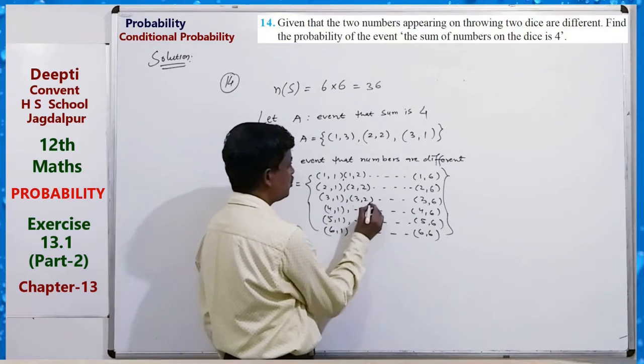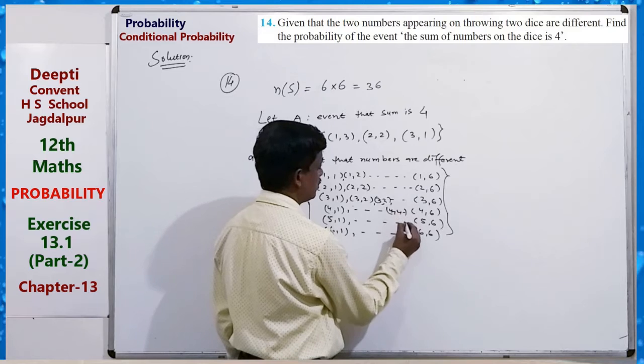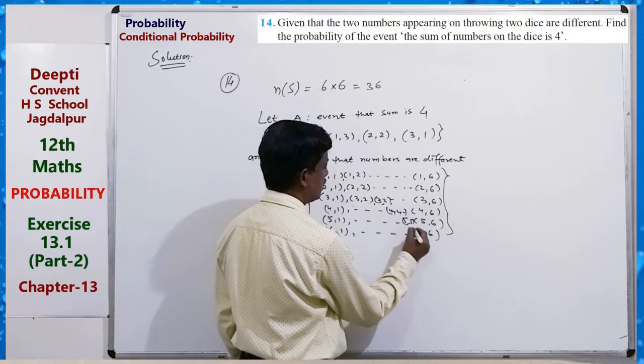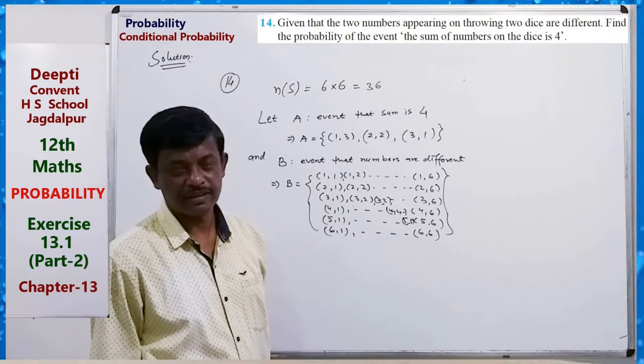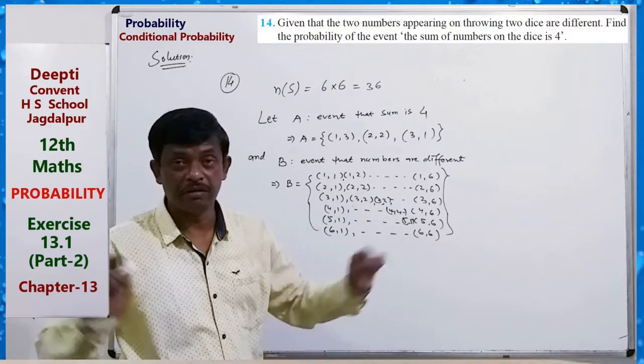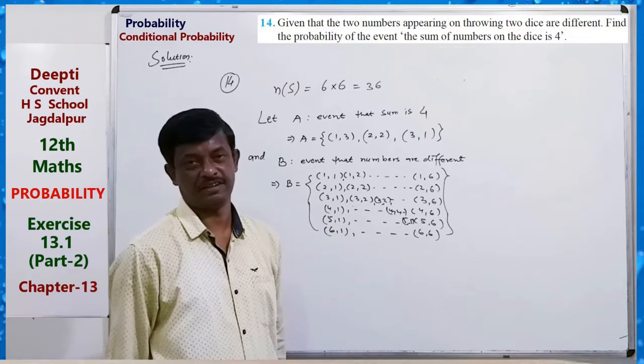Here 1 1, 2 2, 3 3, 4 4, 5 5, 6 6 are the same numbers.